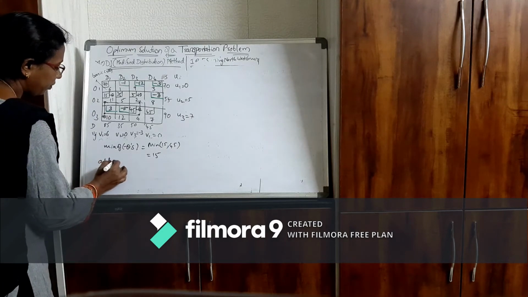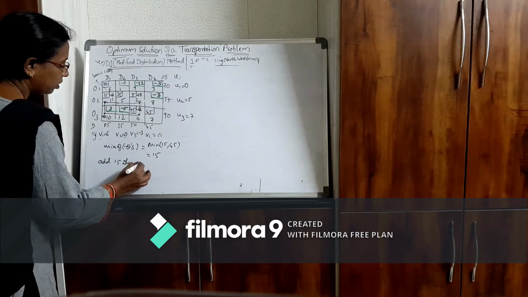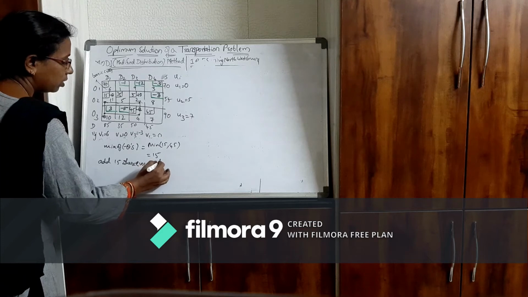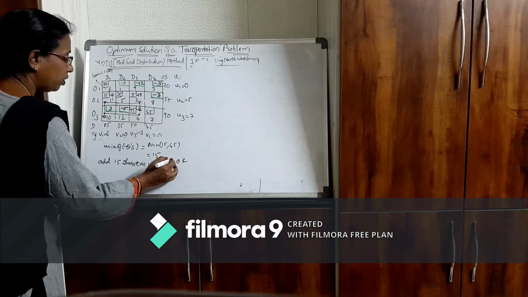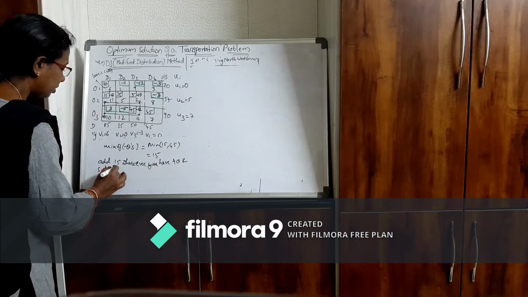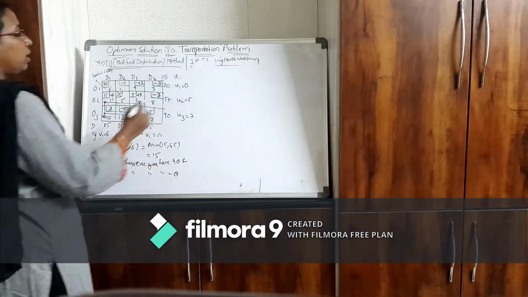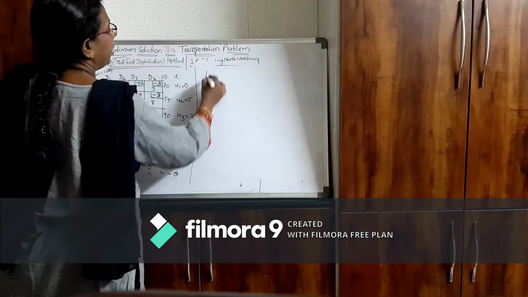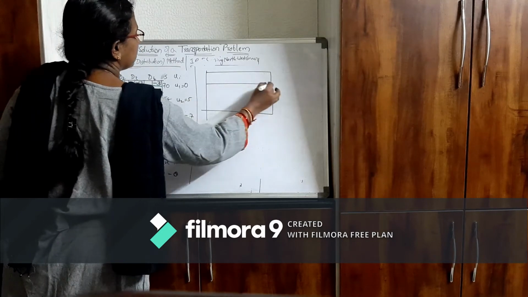So add 15 wherever you have plus theta, and subtract 15 wherever you have minus theta. Okay, so draw the table again. Again I will draw only the basic cells. I will not draw the non-basic cells.